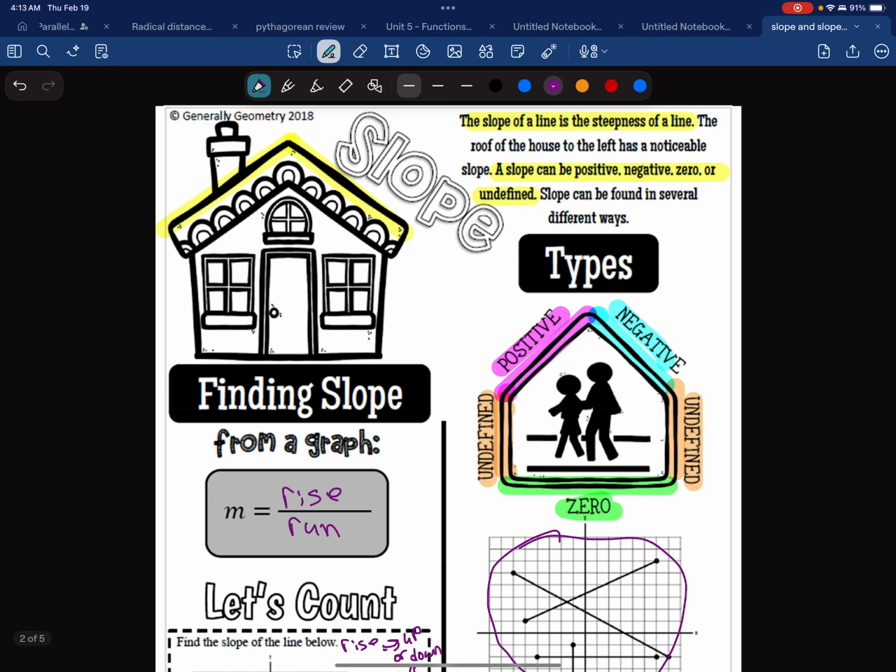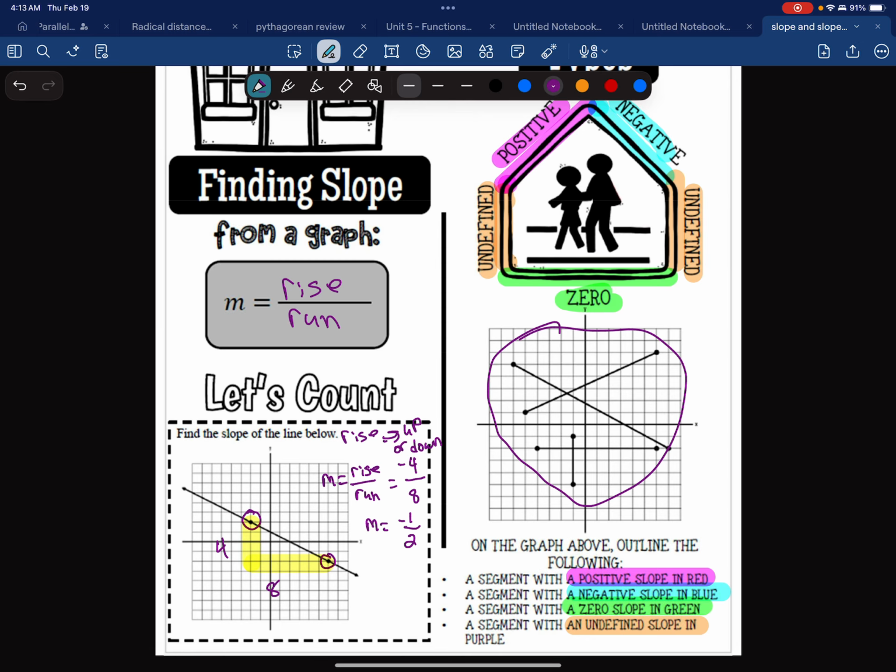If you take a look at this over here, I have a right triangle. From distance, we know that this is our change in y, and this is our change in x.